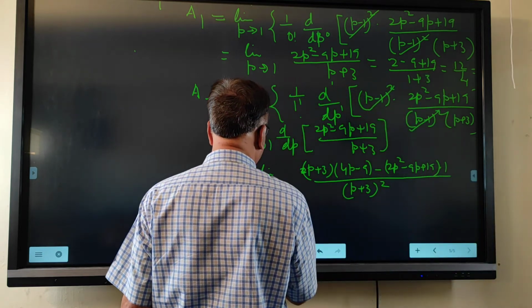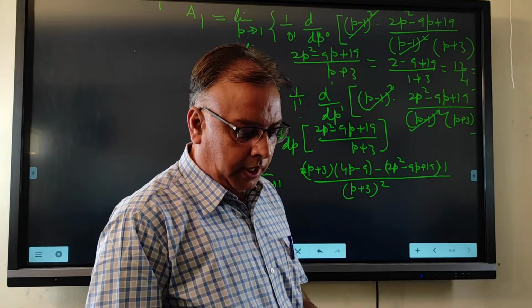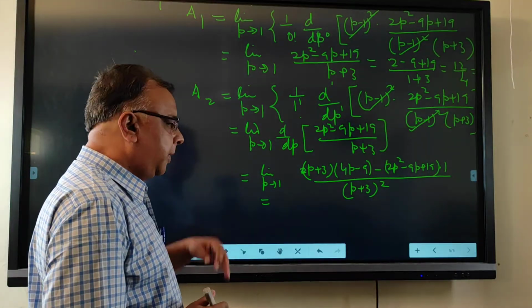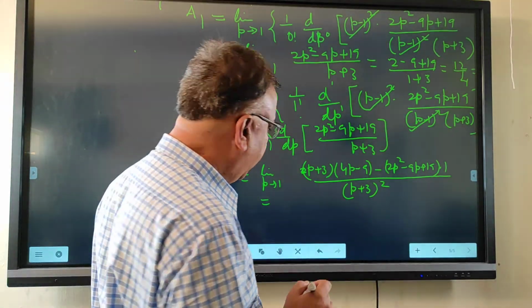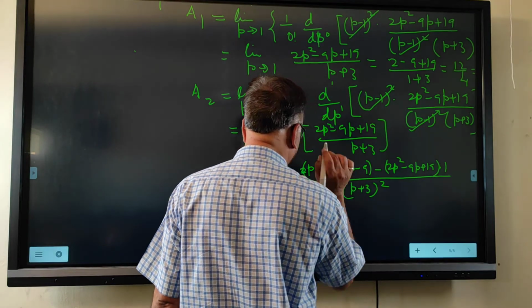If we solve this and put the limit as p tends to 1, we get minus 2.